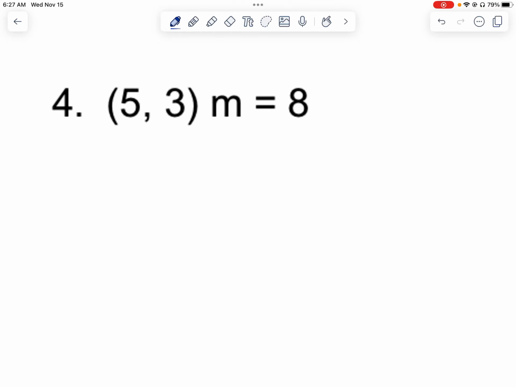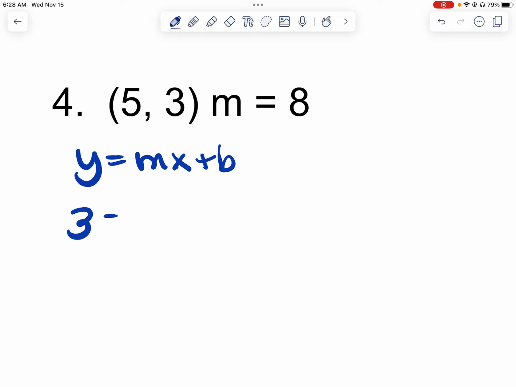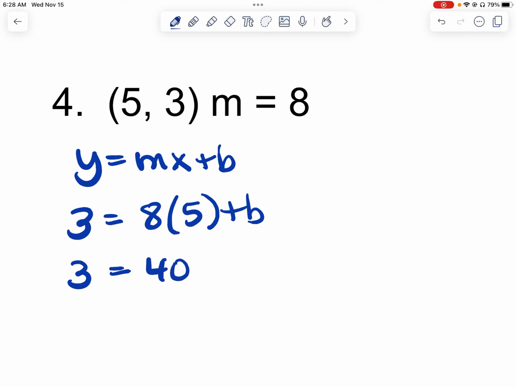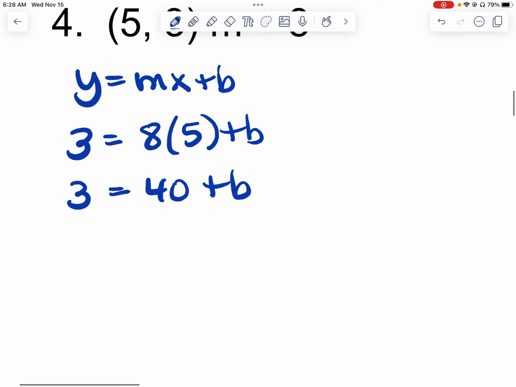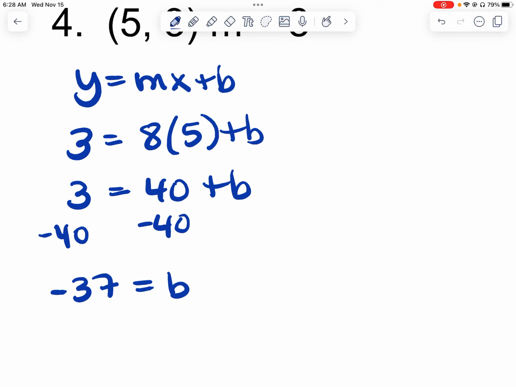So we're going to do this one. We are going to replace y with 3, m with 8, and x with 5. I get 3 equals 40 plus b. So we have an extra step. We have to subtract 40 from both sides and get negative 37 is equal to b.